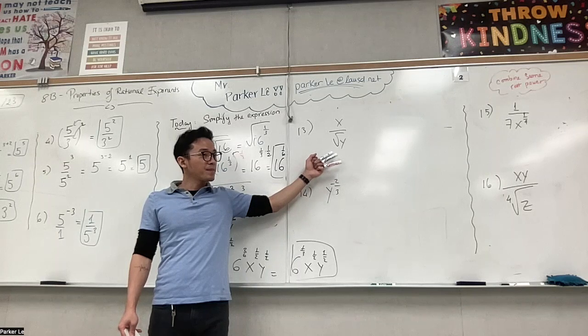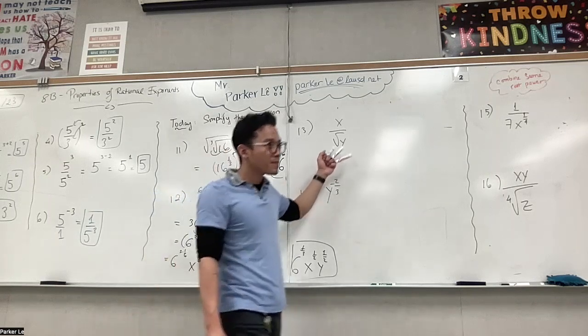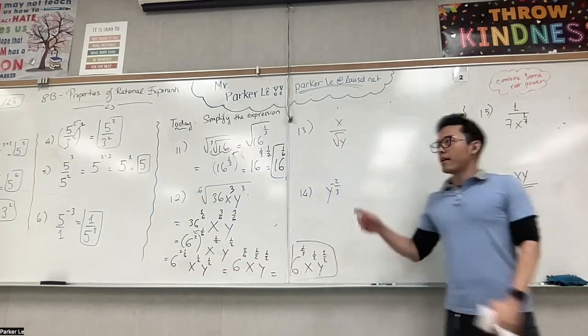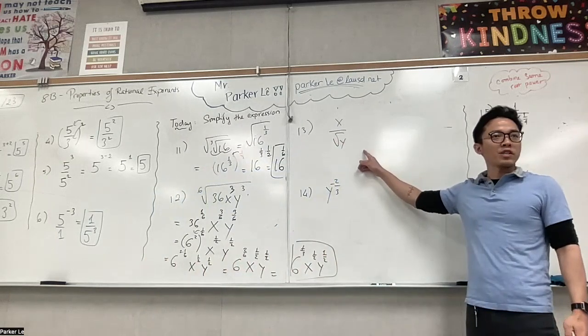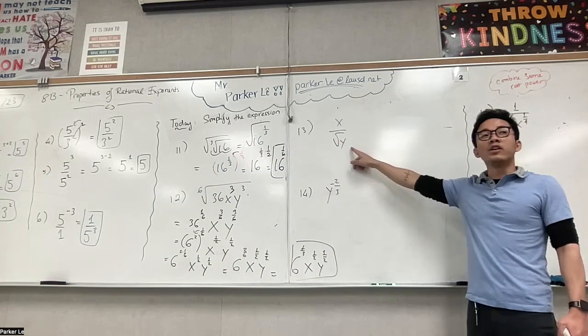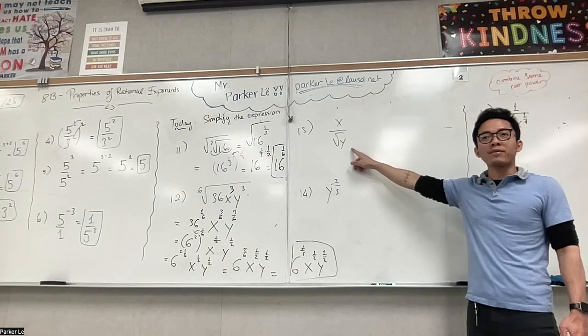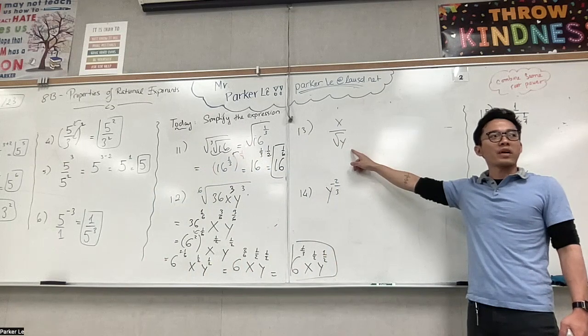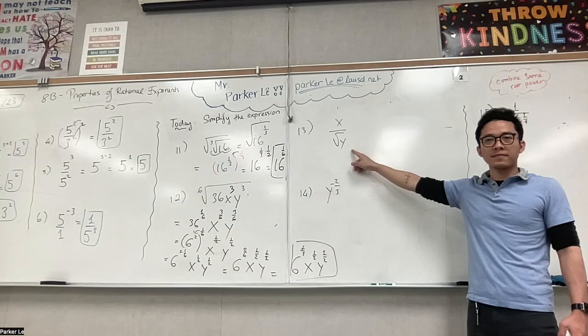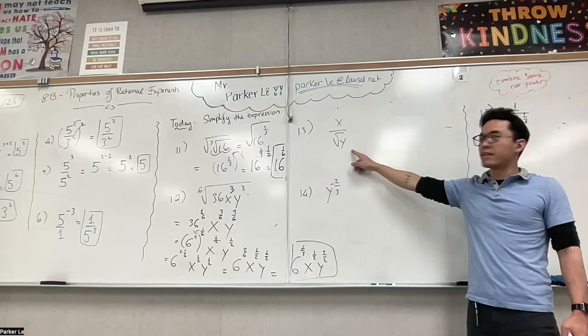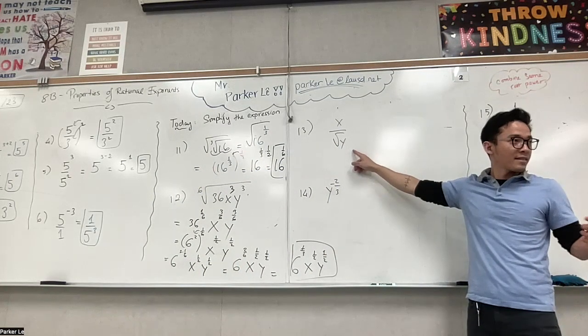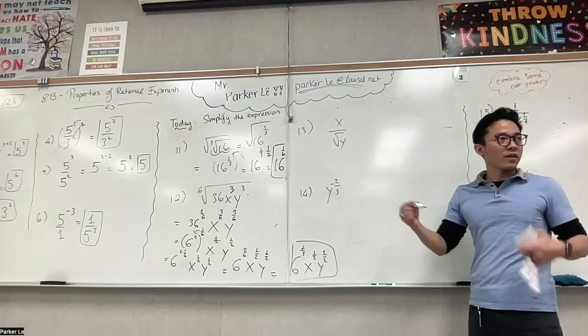I'm waiting for your response. Anyone? Do you remember? Are we allowed to have a square root on the bottom? No, right? And what do we do to cancel the square root on the bottom? No, multiply by what? You multiply is correct, but multiply by what?